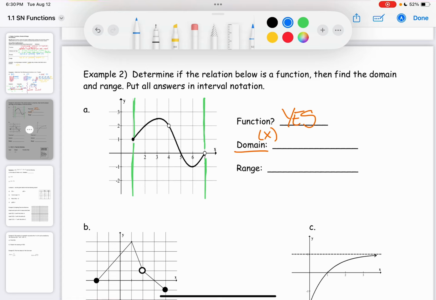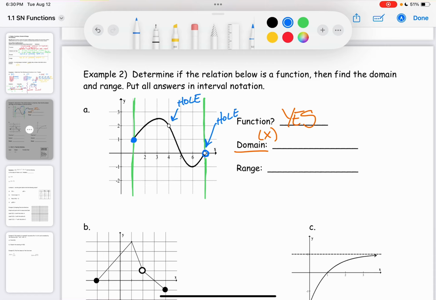The 1 here is a closed dot, and the 7 over here is an open dot. We would call this a hole in the graph. And if you look, there's one more over here.